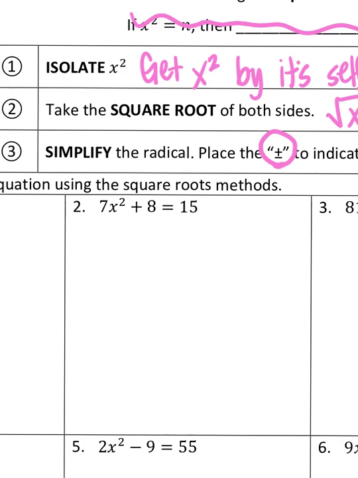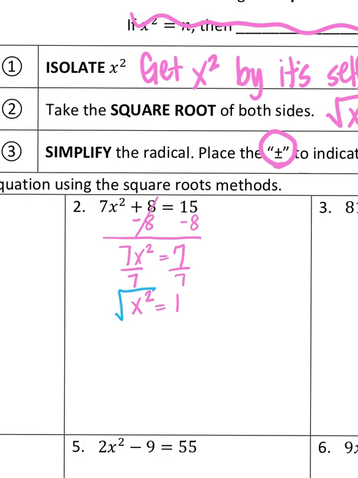All right, let's look at the next one: 7x squared plus 8 equals 15. We always want to do what's furthest away from our x, so we subtract 8 from both sides, and we get 7x squared equals 7. Just like we would if x was by itself, we divide by 7, so now we have x squared equals 1.